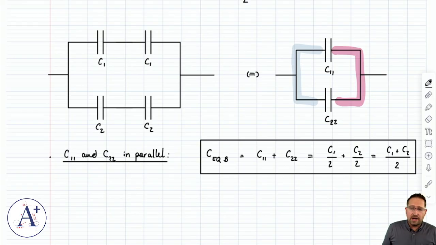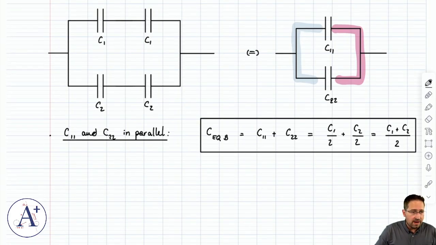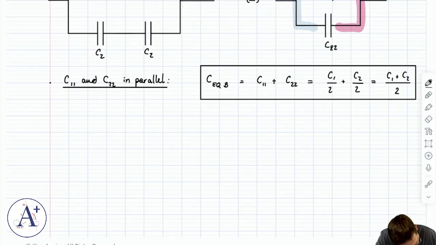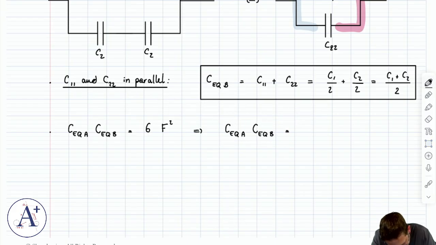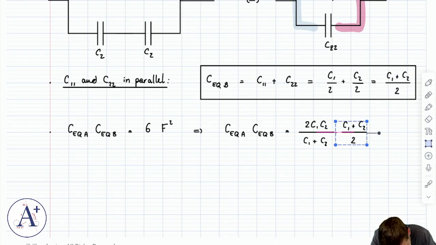Okay, and I want to solve for C1. And I am told by the problem that C equivalent A multiplied by C equivalent B is equal to 6 farad squared. Okay, well, C equivalent A times C equivalent B, I know what it is, right? C equivalent A is 2C1C2 over C1 plus C2 multiplied by C equivalent B is this, right?